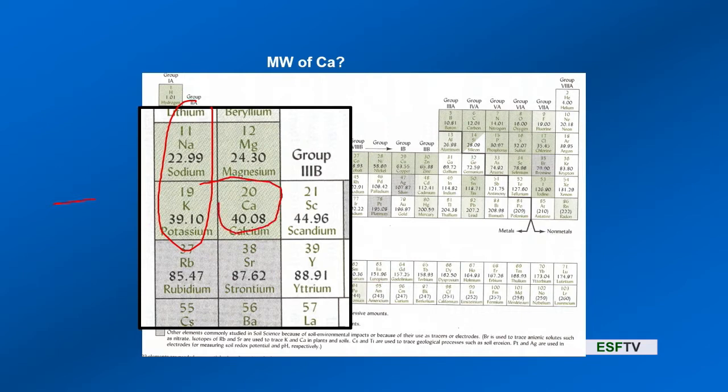The molecular weight's 40. Then the atomic number, you learned about that, the number of protons. But there's the mass, 40.08, the molecular weight. How about potassium? What's the mass of potassium? You can see that, 39.1.